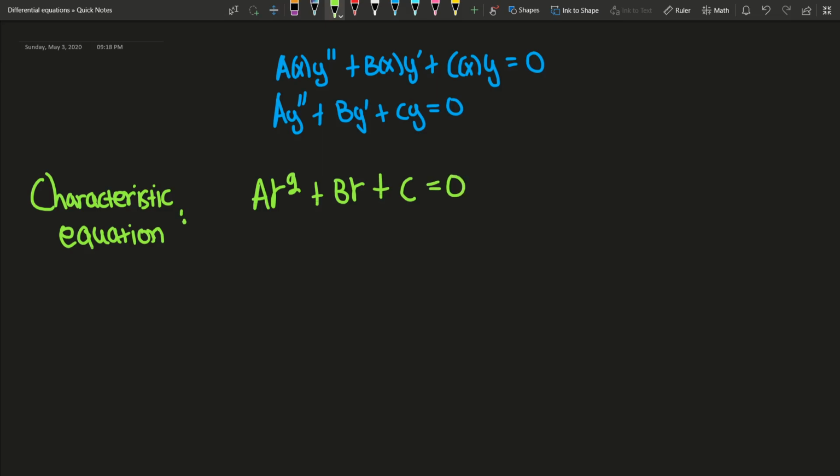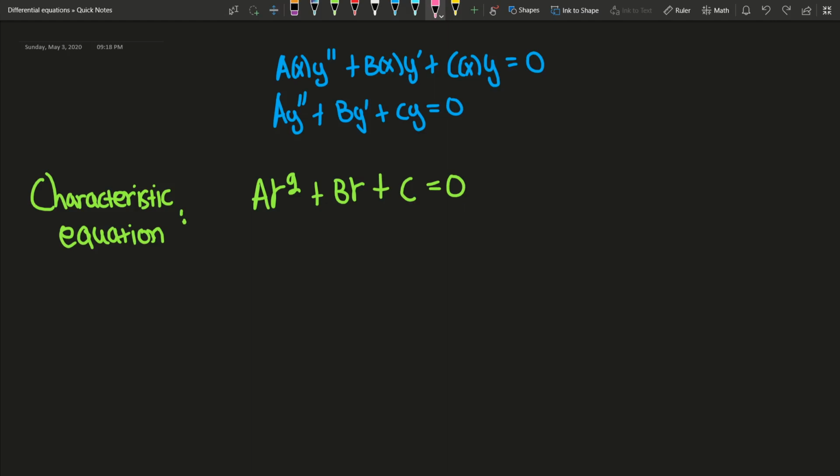So this is our homogeneous equation, and this is its characteristic equation.